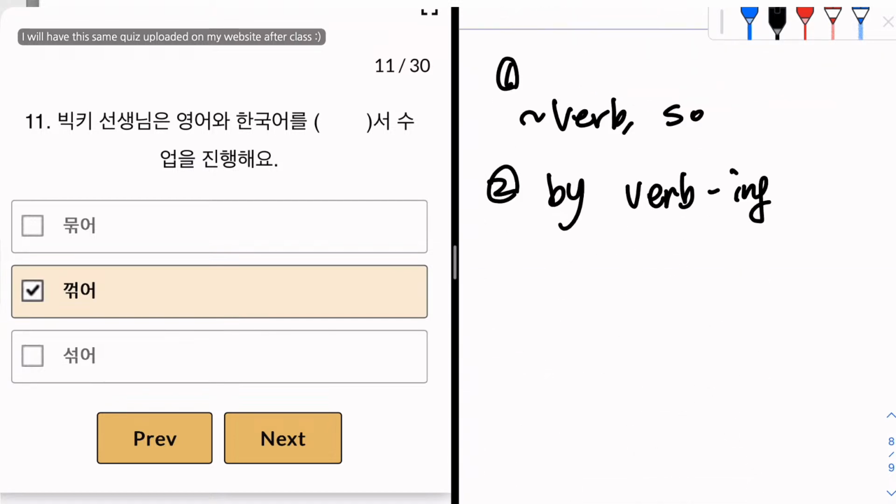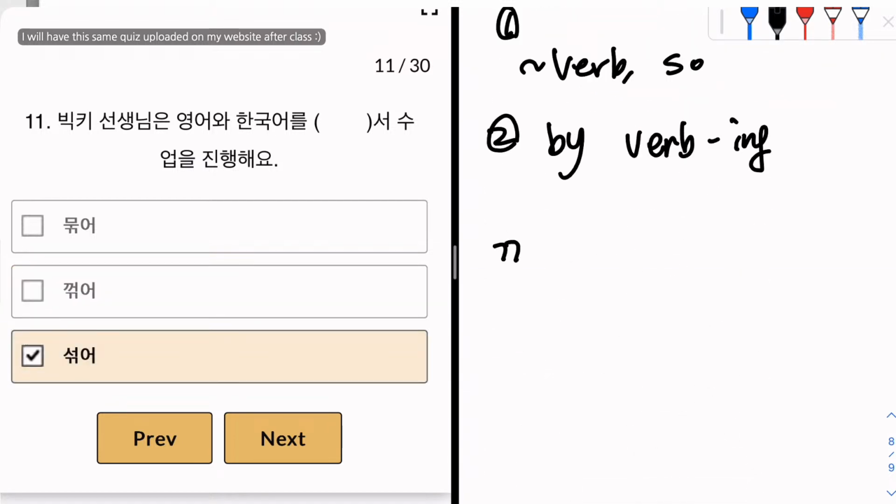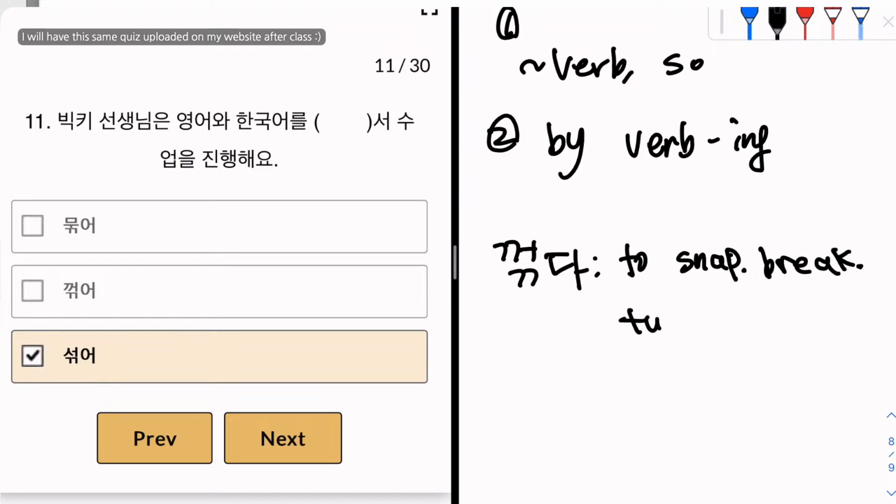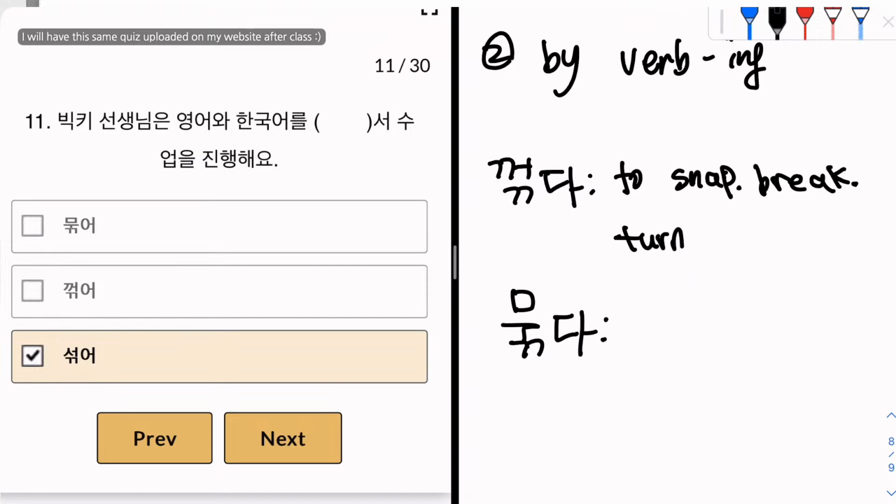Do you guys remember what 꺾다 means? 꺾다 means to snap, to break, right? And it can also sometimes mean to turn, as in to change direction. And how about 묶다, guys? What does 묶다 mean?